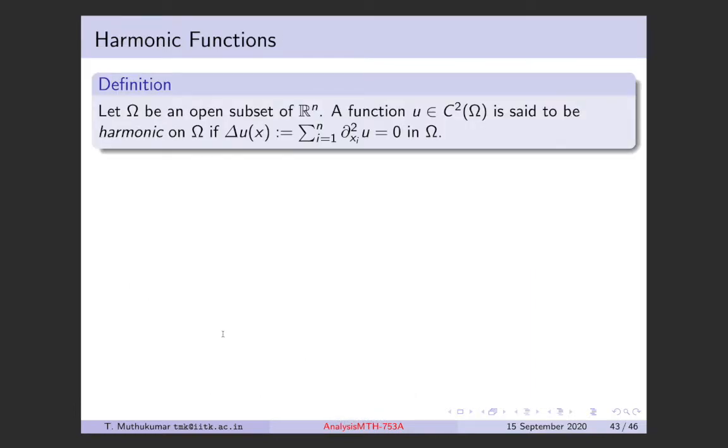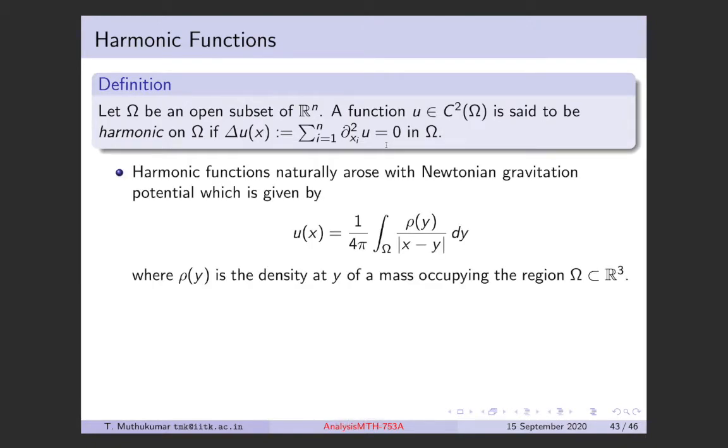So what is a harmonic function? A harmonic function is a twice differentiable function such that the Laplacian of that function is 0. This is called a harmonic function. This actually came naturally after Newton discovered his laws of gravitation and so on, and he wrote down the Newtonian gravitational potential.